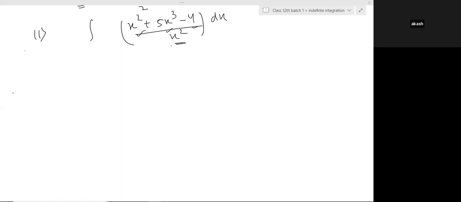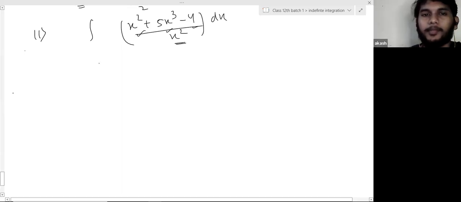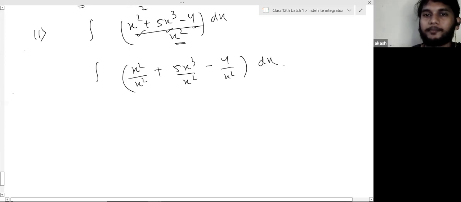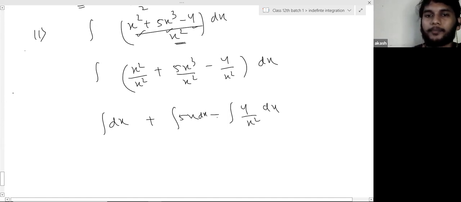All right, let's see. We can simply divide: x square upon x square plus 5x cube upon x square minus 4 upon x square times dx. This is integration of dx plus integration of 5x minus integration of 4 upon x square dx. Very simple.